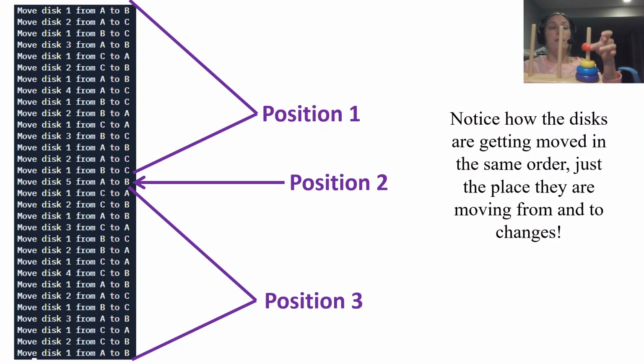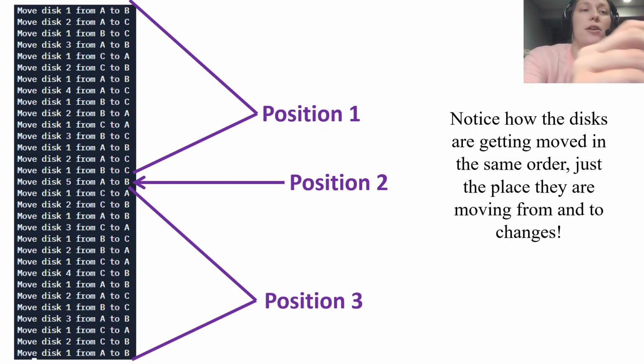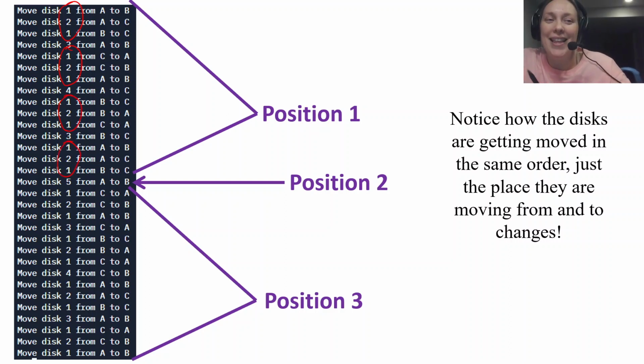It says move, and I have 4 disks here, but you get it. Move disk 1 from A to B. Move disk 2 from A to C. Move disk 1 from B to C. Notice that same pattern of 1, 2, move the 3. 1, 2, move the 4. 1, 2, move the 3. 1, 2, done. That pattern was how I said we move recursively.